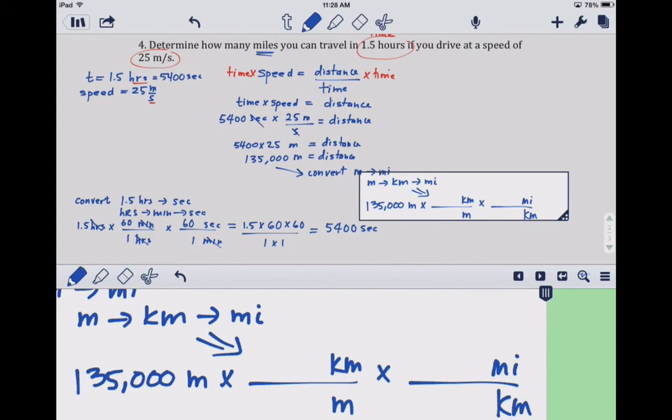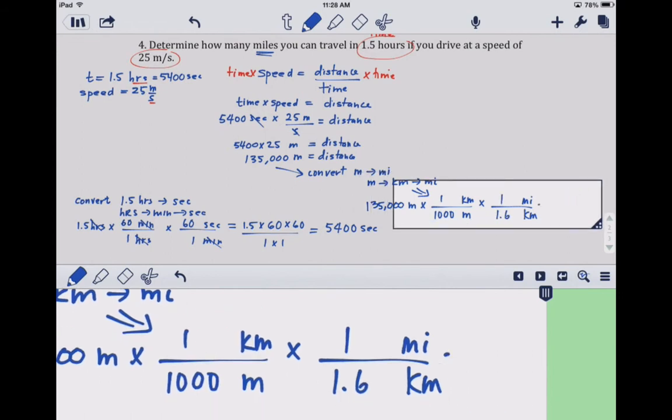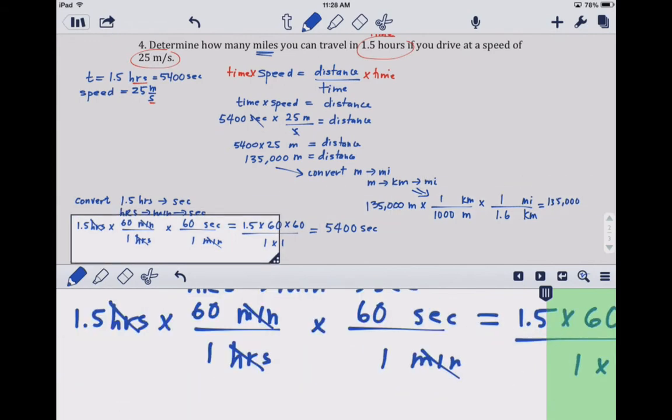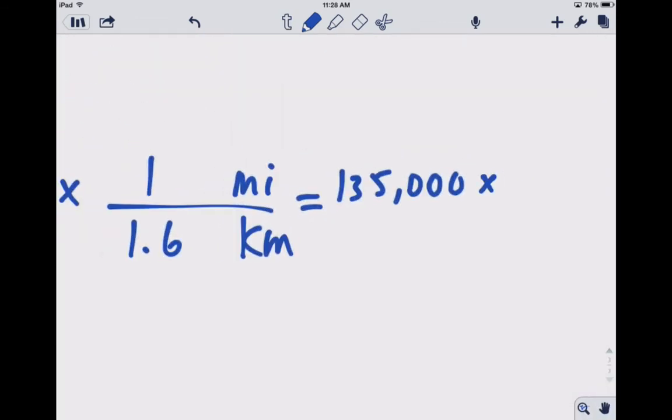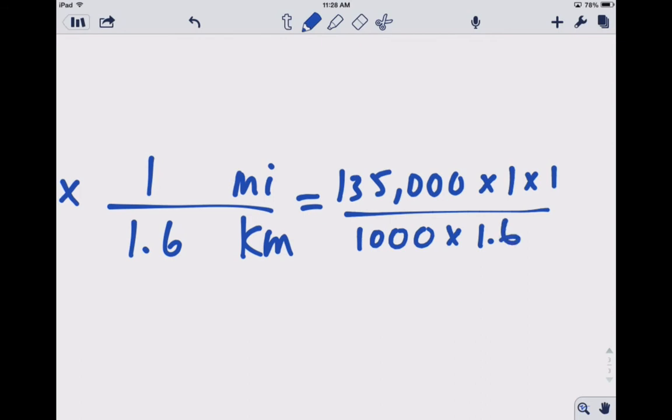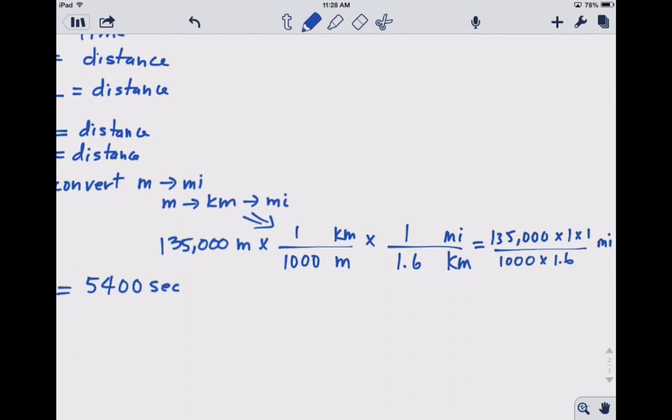I know that 1,000 meters is 1 kilometer. Again, you can find all these conversions on the very first worksheet we gave you. I know that 1.6 kilometers is 1 mile. This leaves me with 135,000 times 1 times 1 all over 1,000 times 1.6. And the unit I'm going to get is miles because these will cancel.